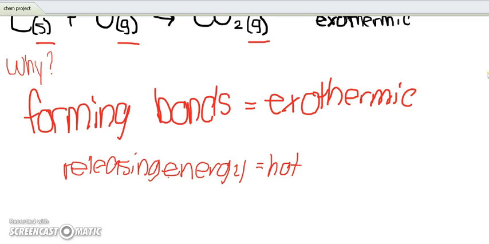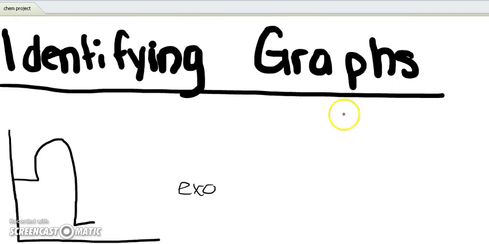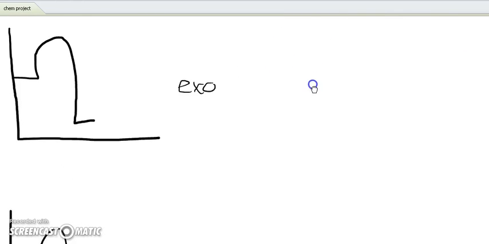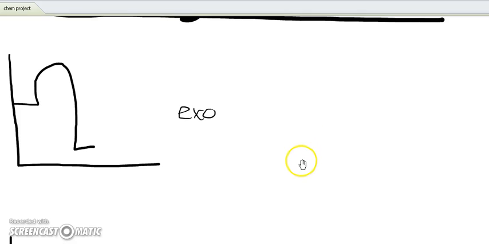Okay, so next we're going to look at graphs. The graphs, as they are, are pretty cut and dry. This graph here is an exothermic graph. We have the starting energy point here. It's going to get over the activation energy hump here, and it's going to end down here.